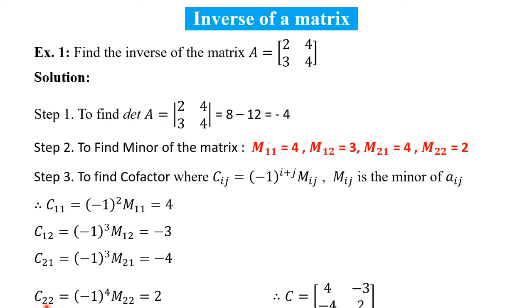Then C22: 2 plus 2 is 4, minus 1 raised to 4 is equal to plus 1, and M22 is equal to 2, therefore 1 into 2 is equal to 2. So the cofactor matrix C is 4, minus 3, minus 4, 2.